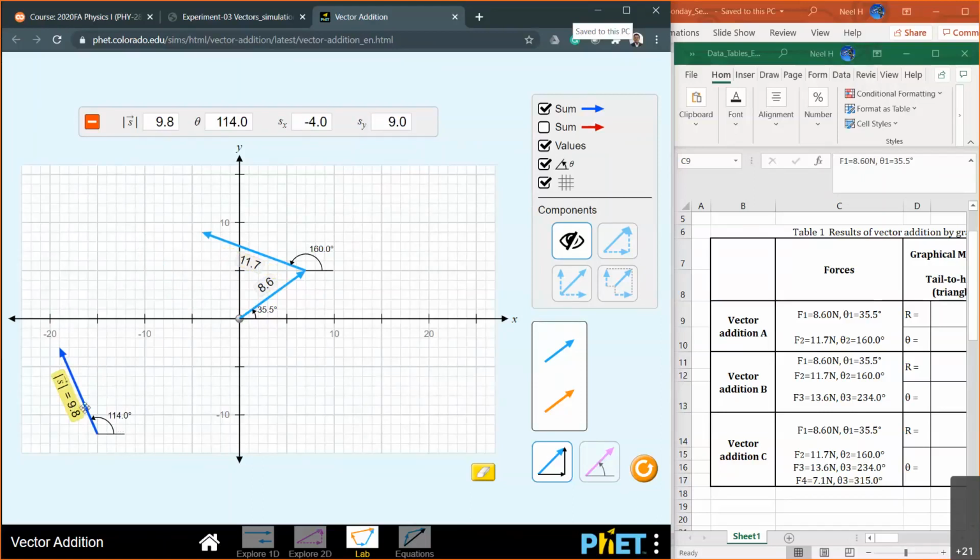Now we need to check whether that is our resultant vector. All you have to do is click and drag, and see whether you can connect that gap right here exactly with that solid dark blue line. If that is the case, then that is of course the resultant vector.